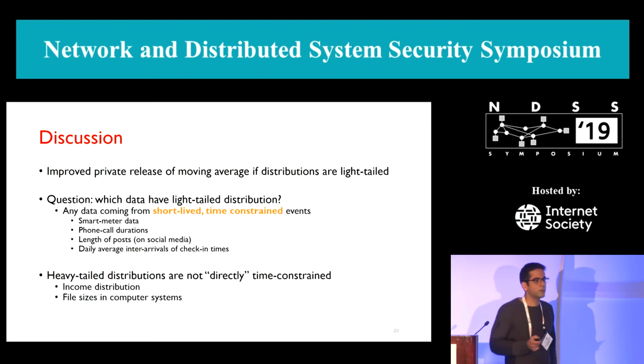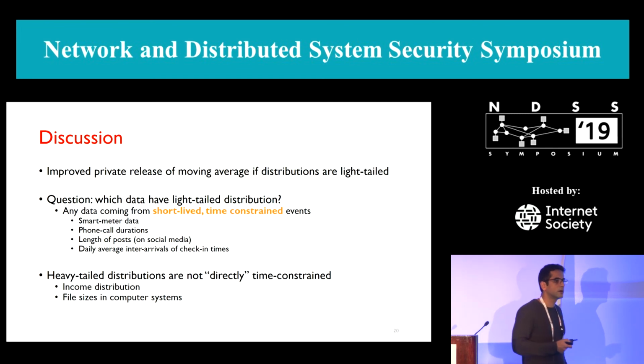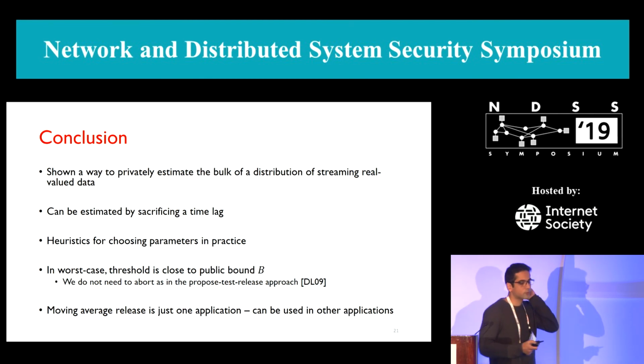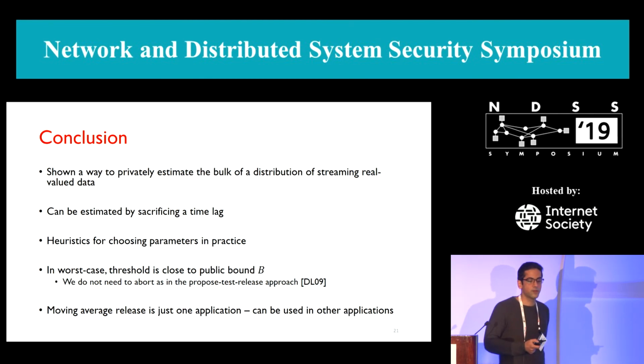Apart from the examples that I used in this presentation, this could also be smart meter data or phone call durations and some other examples as well. This is opposed to heavy-tailed distributions, which are not directly time-constrained, like income distribution and file size in a computer.